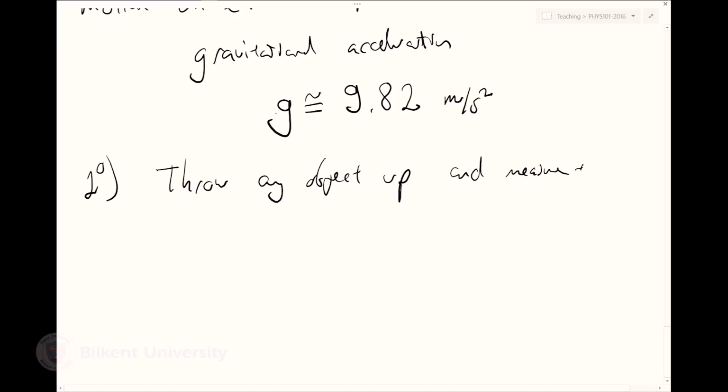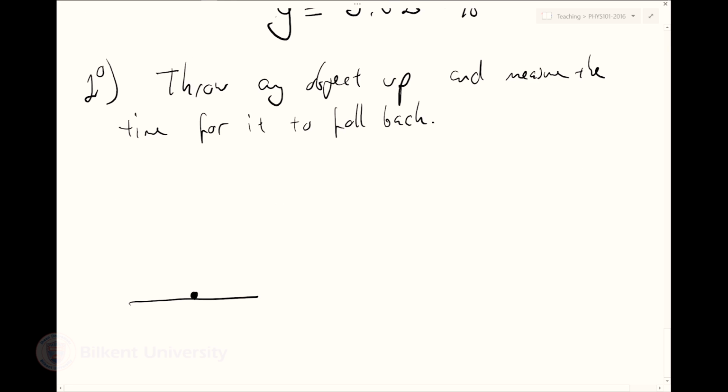The first way I'll propose is very simple. Throw any object up and measure the time for it to fall back. So here's the experiment I think of.